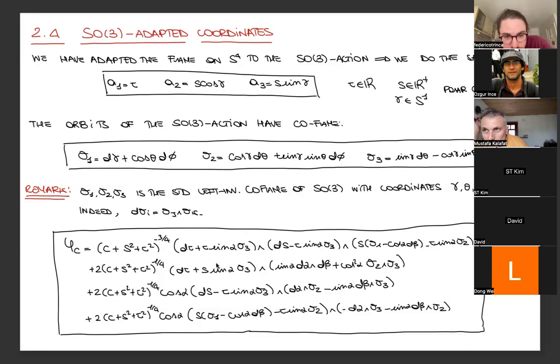It's just 4 terms, exactly as many as we had at the beginning of all these computations, and it involves all the frame and coframe that we want.